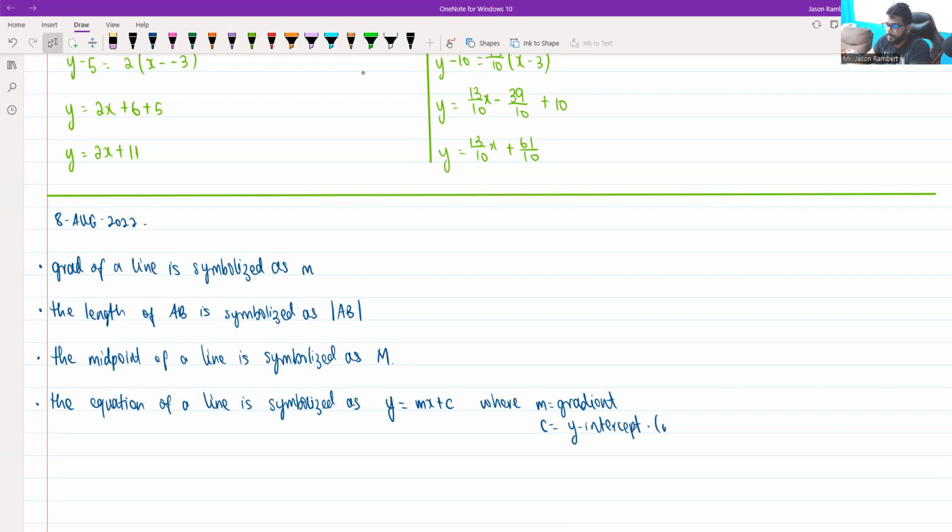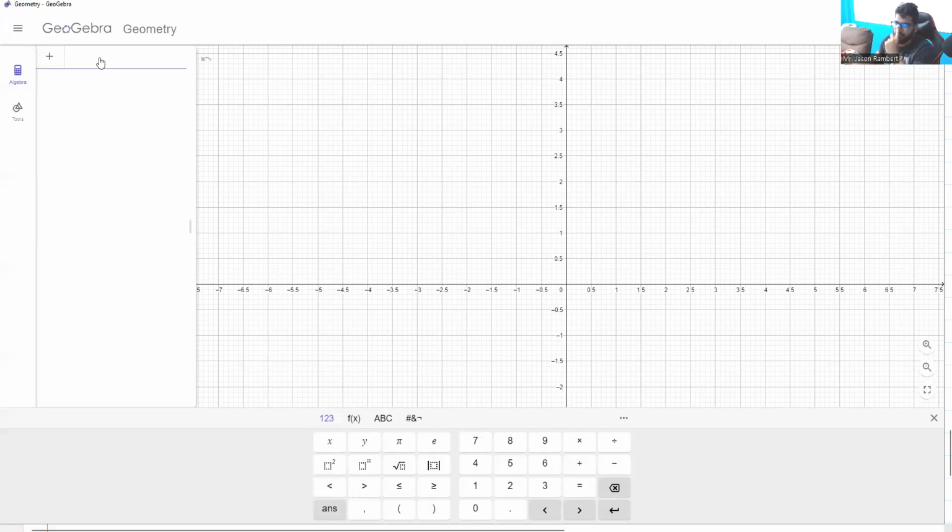Now, what is the y-intercept? This is where the line cuts the y-axis. So let's see what that means. Let me make up our equation now. y is equal to 5x plus, let's say, 11.